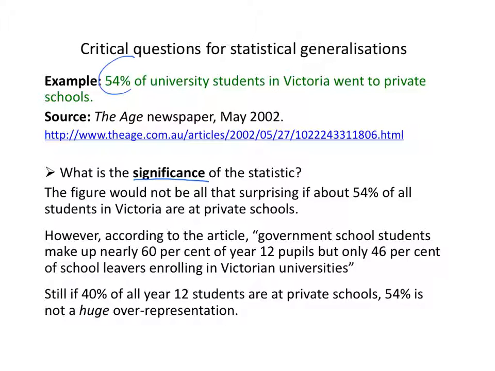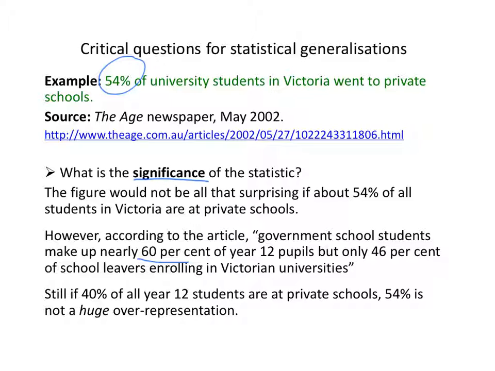This number, 54%, wouldn't be all that surprising if about 54% of all students in Victoria went to private schools. Then you would expect 54% of university students to have gone to private schools. The article tells us that in fact that's not true. It says that only about 40% of all Year 12 students go to private schools, 60% go to public schools.